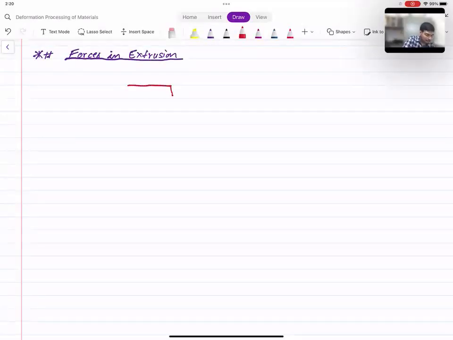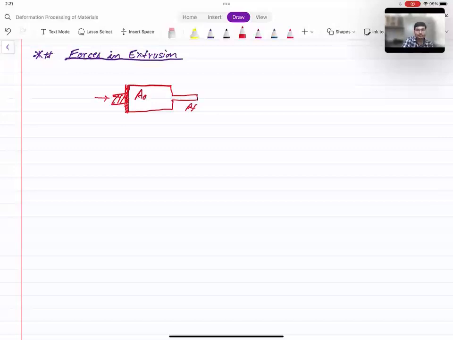Suppose A naught was my initial area and AF is the final area. And suppose this is the ram, which is pushing this billet. Here the area was A naught and here the area becomes AF.